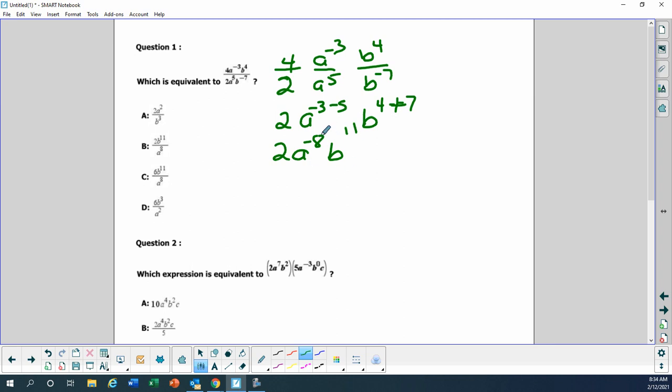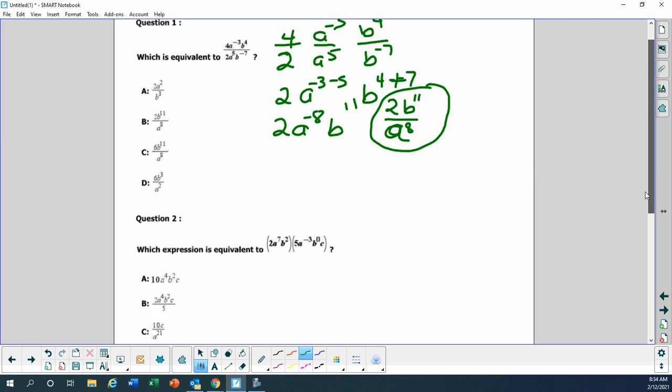This negative exponent can become positive if I put it in the denominator: a to the power of 8. So it's 2 times b to the power of 11 over a to the power of 8.